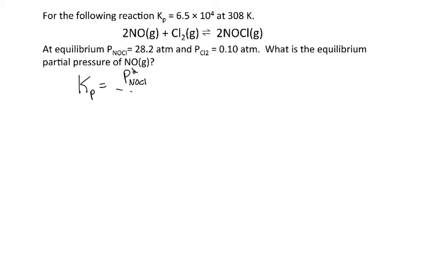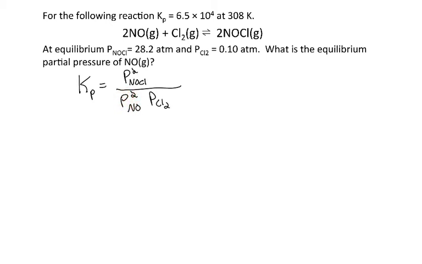And so I write these as partial pressures as opposed to concentrations. All right, and all I need to do is plug in my value of the equilibrium constant, plug in the two partial pressures that I know, and then I'll be solving for the pressure of NO.